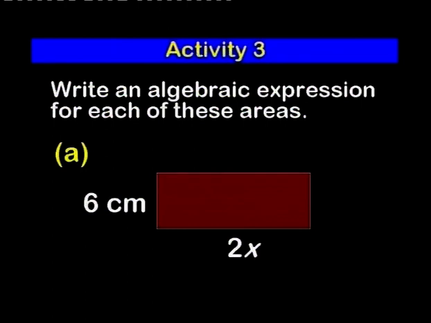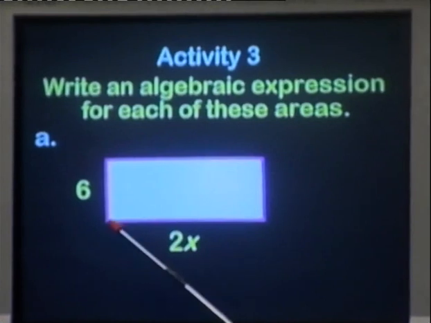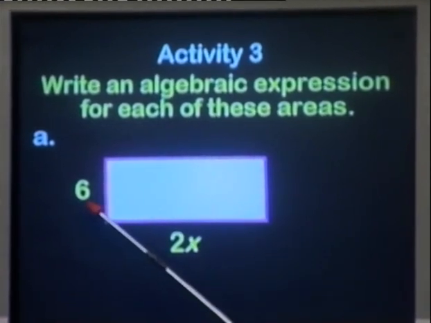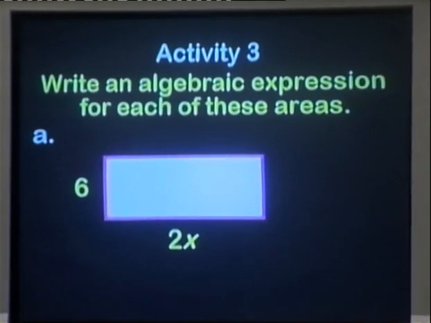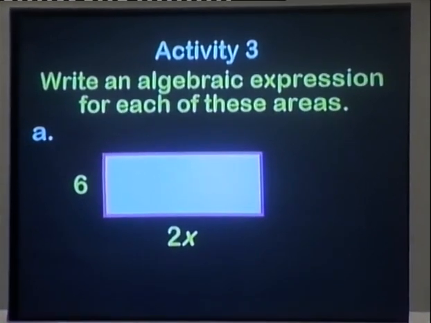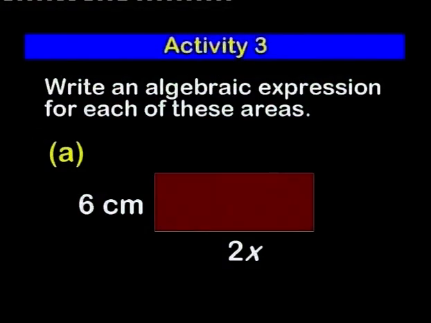Length times width. So if I want to write an algebraic expression for this rectangle here, which has the length from here to here 2x, and from here to here is 6, which is the width. How will I write that using the expression? A is equal to, A stands for area.